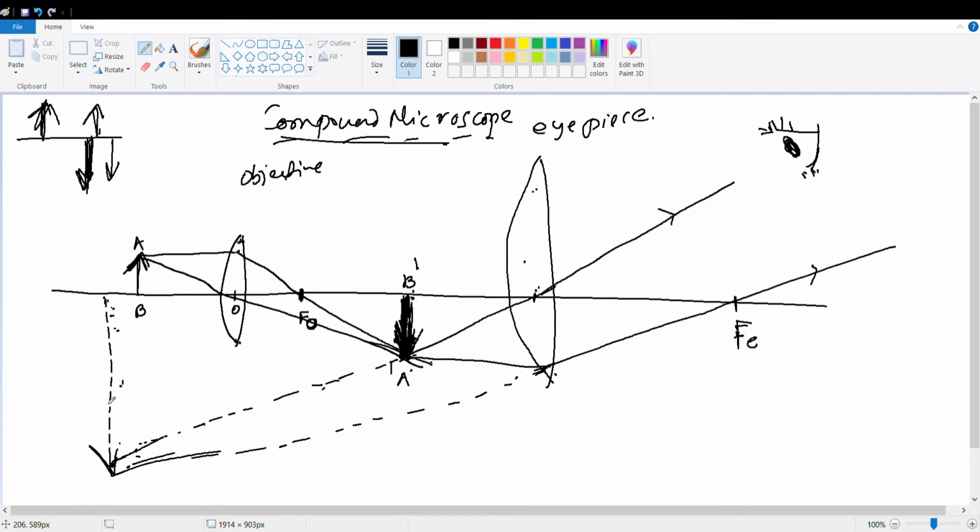Yes, sir. Yes. So write down the first point. In the compound microscope there are two lenses. One is the objective lens, which is close to the object. And there is the eyepiece lens, which is close to the eye.